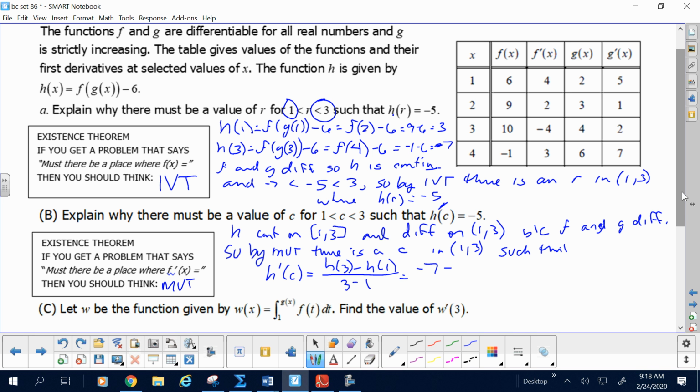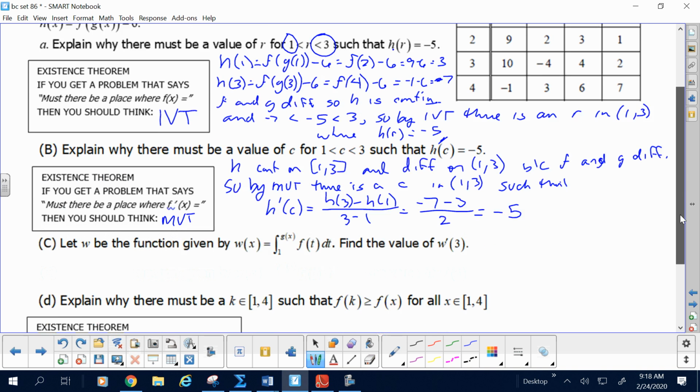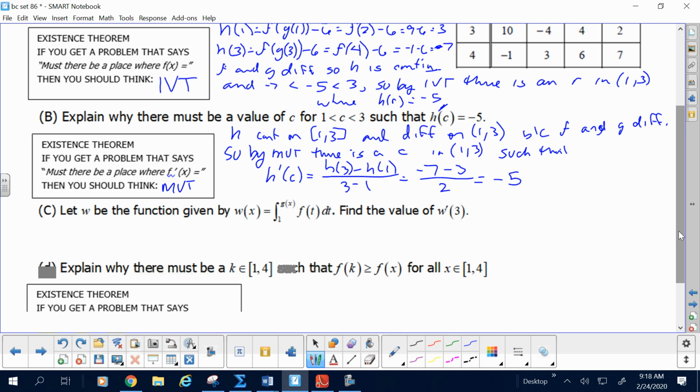H at 1 is 3 over 2. That is -10 over 2. That is, thankfully, -5. The average rate of change, whatever h looks like, the slope between the endpoints is -5. So there's got to be a place where the tangent slope is -5. You down so far? Okay.